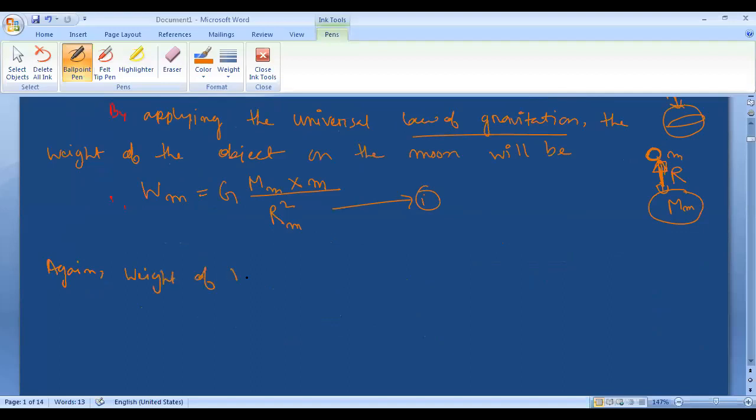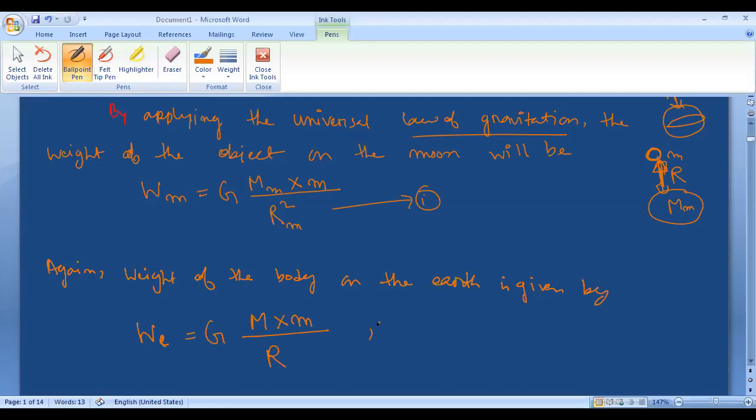Weight of the body on the Earth is given by, now it will be what? WE, where M means Moon and E means Earth. Clear? This is the mass of the Earth, this is the mass of the body, and this is the radius of the Earth.